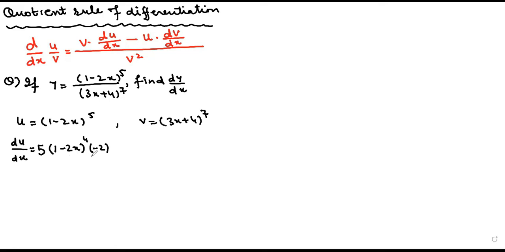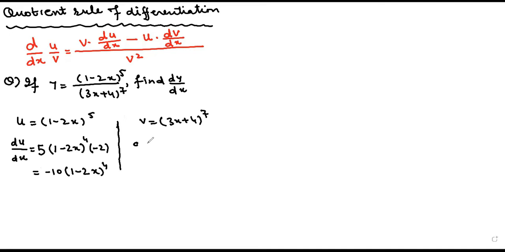Always remember to write down the derivative of the base. This is the most common mistake done by the students, because most of the students do not write down the derivative of the base. Now the final answer to this is minus 10, (1 minus 2x) power 4.